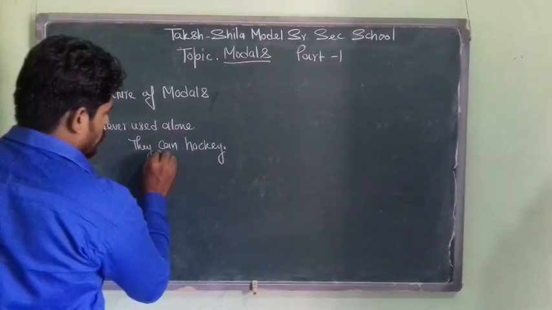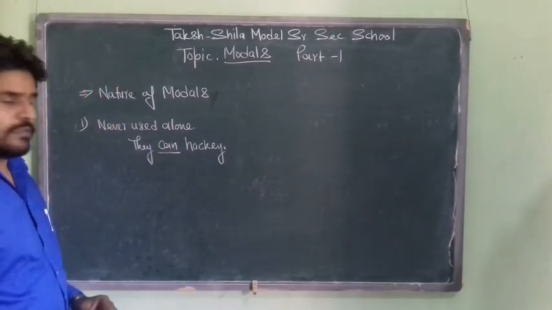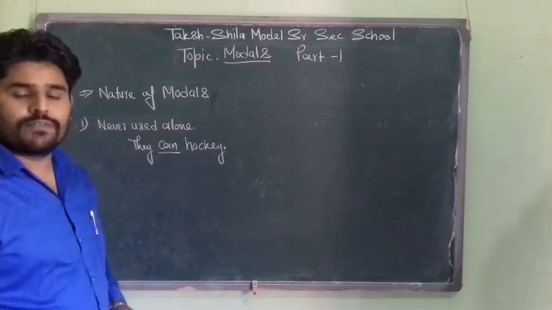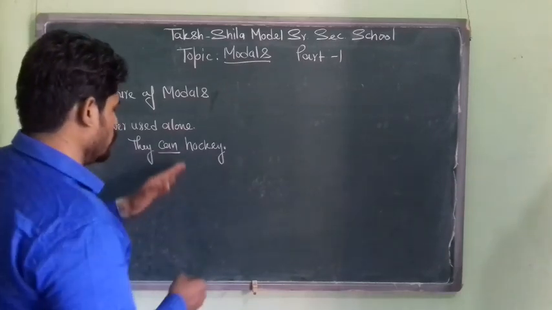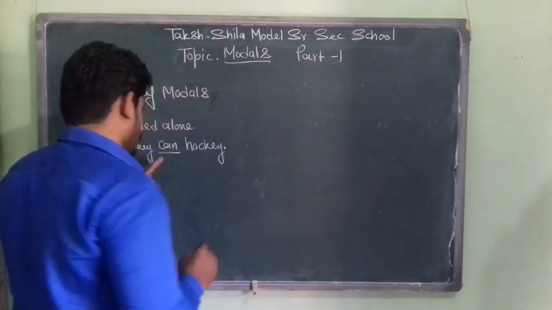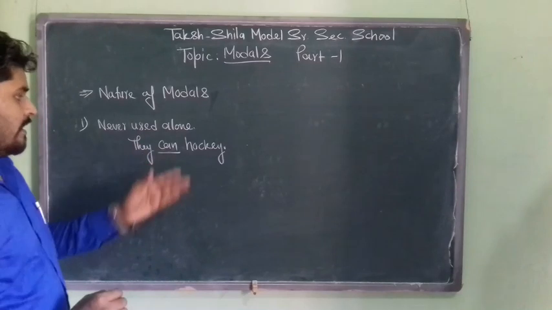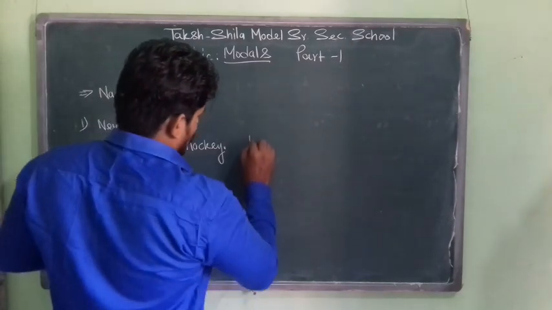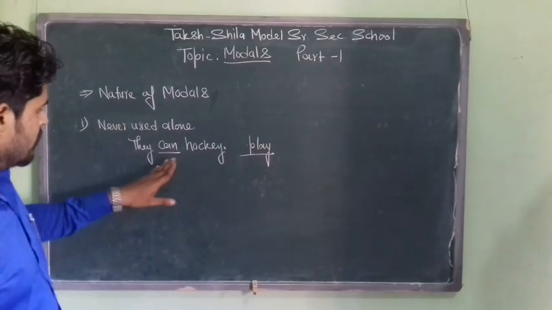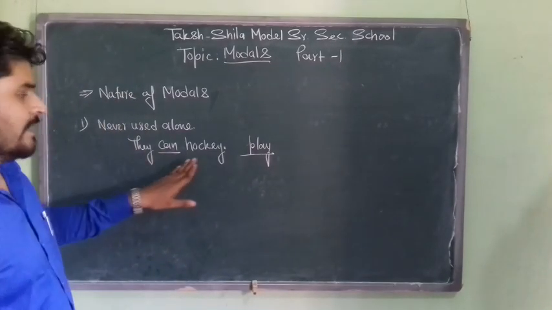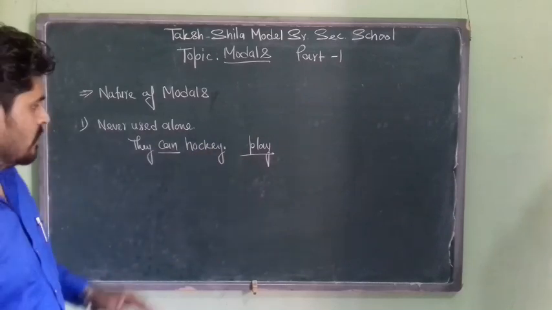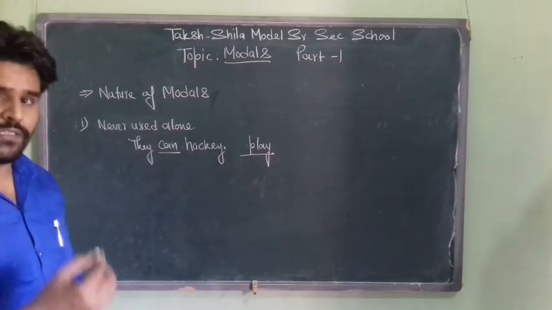Though we have used can here, yet it is unable to give complete sense unless we add a main verb to it. And the main verb can be, they can play hockey. So when we use play, the main verb in this sentence, this can as a modal is able to give complete sense. So when we say they can play hockey, this gives sense.